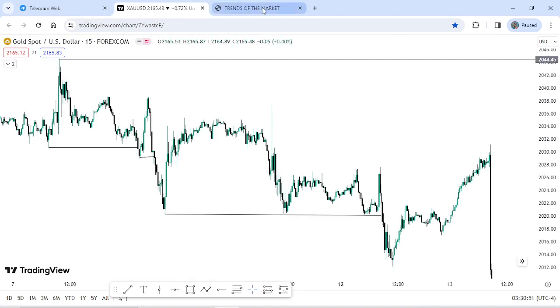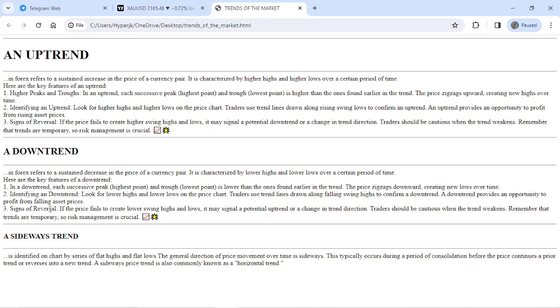And the next thing that we are going to talk about is identification of a downtrend. We say that in order to identify a downtrend using a trend tool line, you draw lines along falling swing highs to confirm a downtrend. Remember how we confirmed the uptrend with our trend tool line? We used it to draw along rising swing lows, right?